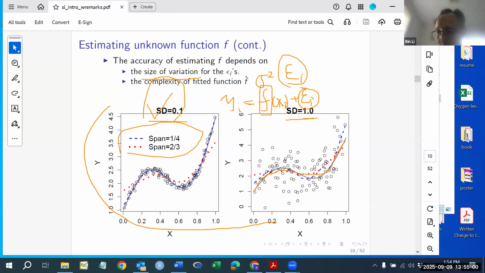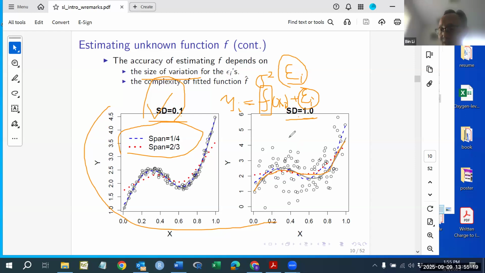But in here, although the blue dash one still looks better, it is quite far from the true relationship between x and y. But this one is much closer. So why is there a difference?